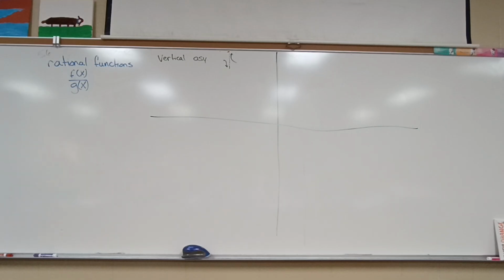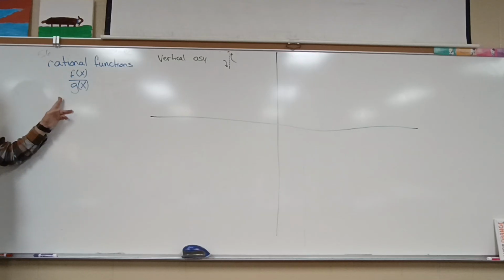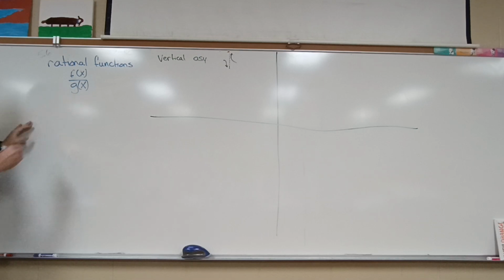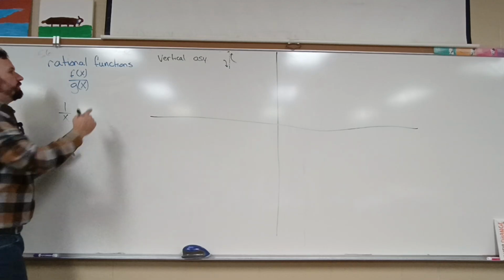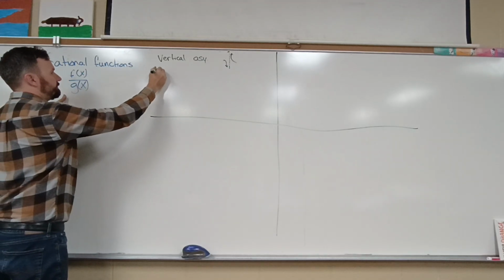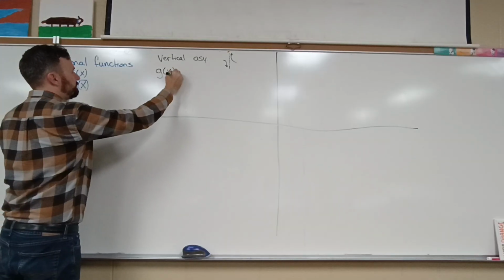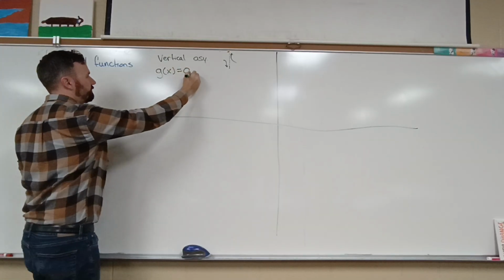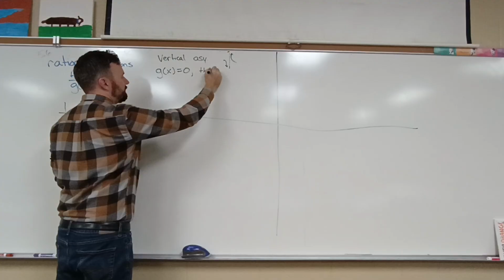So what's nice about that is, given this function, how do I find vertical asymptotes? What can't I plug in is when the bottom is 0, right? When I think about 1 over x, I can't plug in 0. So I take my bottom, g of x is my bottom, and I set equal to 0, then solve.